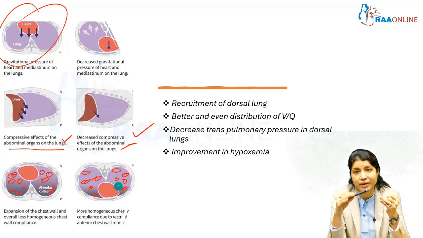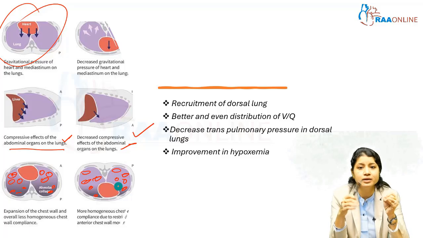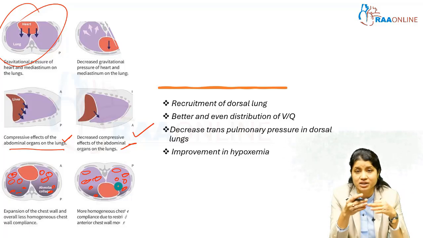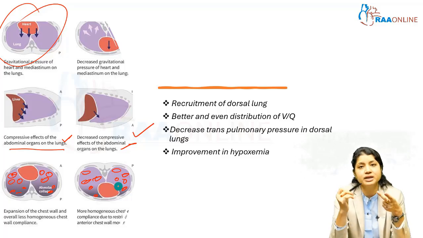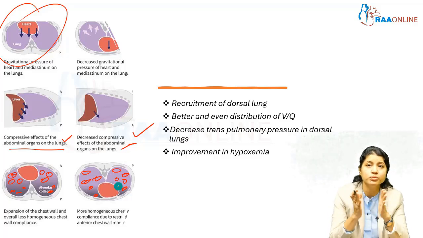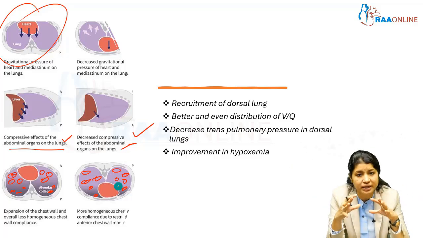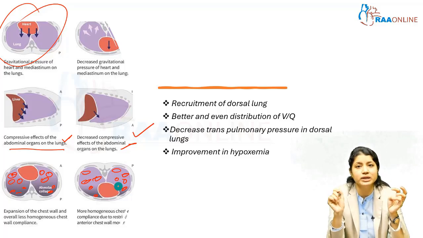As I said, there is a better and even distribution of your ventilation perfusion ratio, and because of that there is a decreased transpulmonary pressure in the dorsal lung, because the compression from the abdominal contents, the liver, as well as the heart and mediastinal contents is decreased. Because of this homogeneous opening and improved compliance of the lung, there is improvement in hypoxemia, which is what we are aiming for.